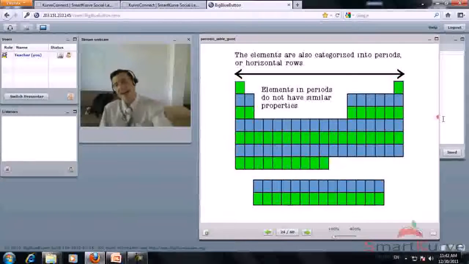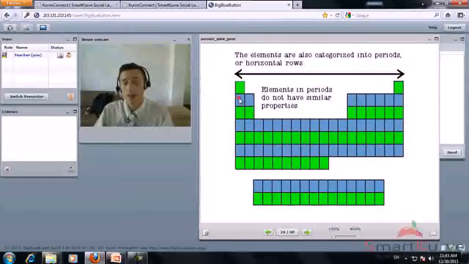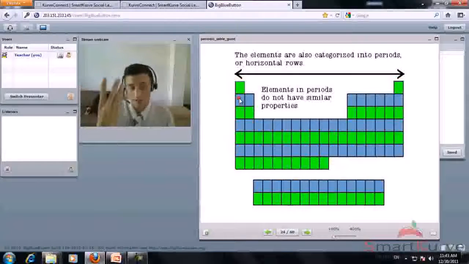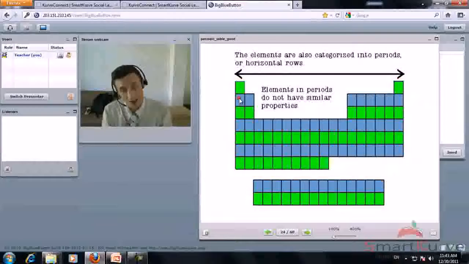So we have 8 elements in that second period. Notice we start here with lithium. Lithium has 1 electron in the valence shell. Its atomic number is 3, so it has 3 electrons. It has 2 in the first shell, leaving 1 in the second shell.